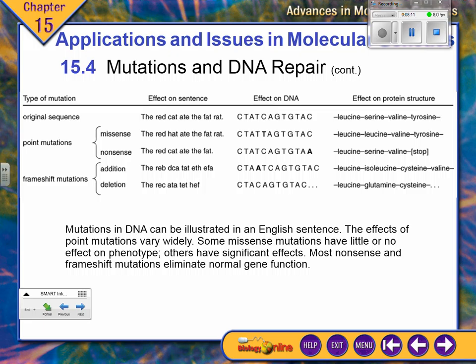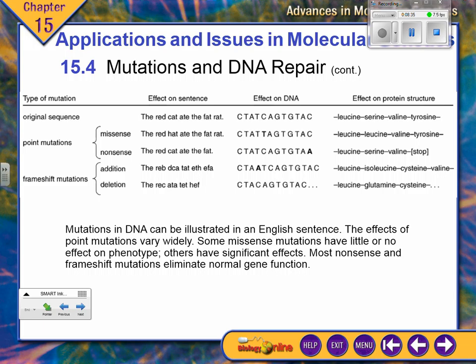And then you have the effect on the DNA showing one change, and the effect on which amino acid was put into place. Then the nonsense again, we got rid of a word. The red cat ate the fat, and we don't get to know the rest of the story. Okay, now here's frame shift, you guys. Addition. A B was slammed in here, changing the words all the way down so they don't make sense at all.